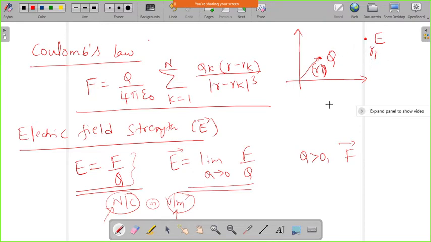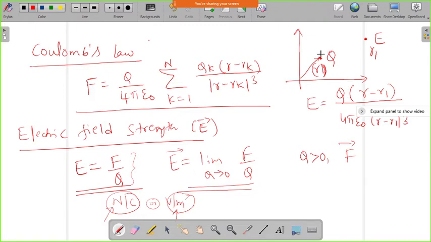Then we can find the electric field, which is given by q into (r minus r1), divided by 4 pi epsilon naught, magnitude of r minus r1 whole cube. If you take the force due to this charge and divide by the test charge, then you will get the electric field strength.